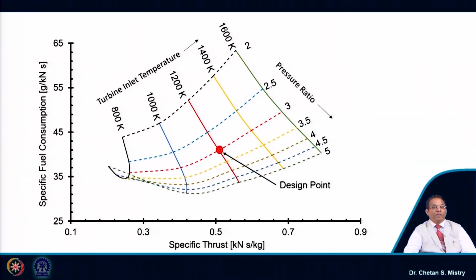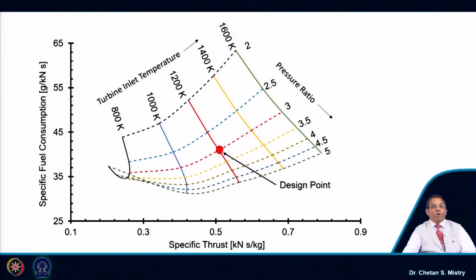Okay. Here somewhere we have our design point. Now, the scenario is, suppose you are doing your initial first cut calculation. This will give you the indication of what modifications can be done.